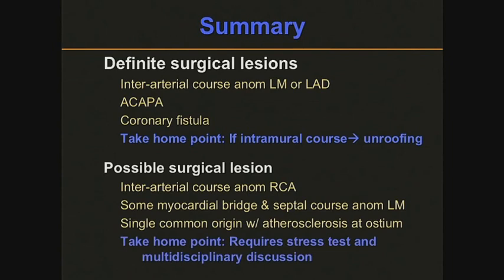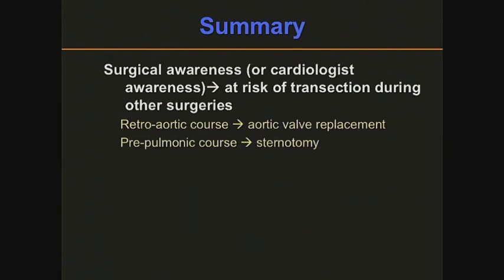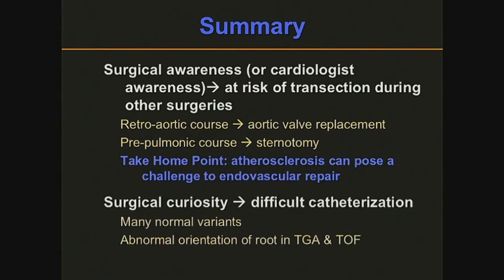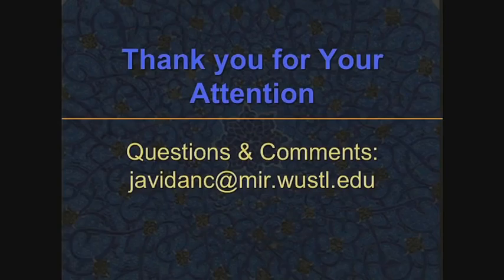Take-home point is this requires a stress test and multidisciplinary discussion. If there's a retroaortic course or prepulmonic course, it's important for different types of surgeries, and take-home point is atherosclerosis can pose a challenge to endovascular repair in these cases. And then there are different variants or abnormal orientation of the root in complex congenital heart disease. In these cases, we don't do anything about them.